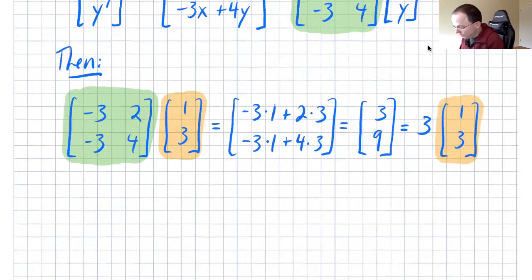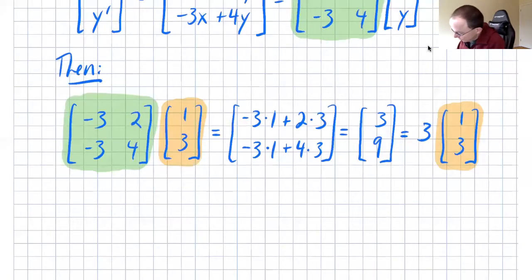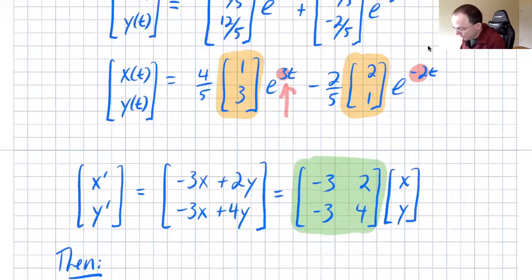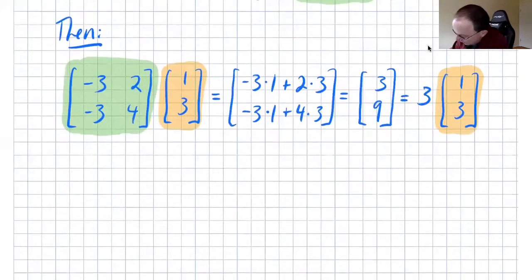And what is this 3? That is called the eigenvalue, and that is exactly what is showing up right there. Pretty amazing. So let's highlight that 3, and let me label this.